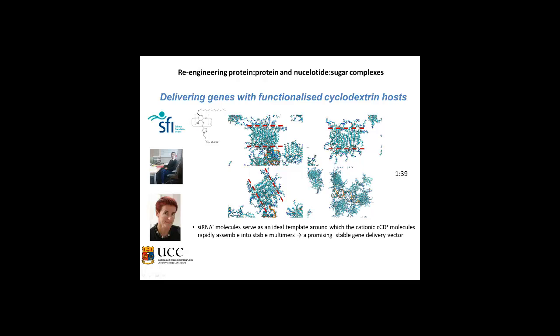So it's like they nucleate around the nucleotide. That makes a promising, stable gene delivery vector, because these things can protect siRNA that is injected into cells. So you get essentially a lipid-like behavior of those cationic cyclodextrins in solution, and you get this capacity to form stable superstructures. So they essentially provide nanoscale molecular templates with highly controllable shape and size complexity.